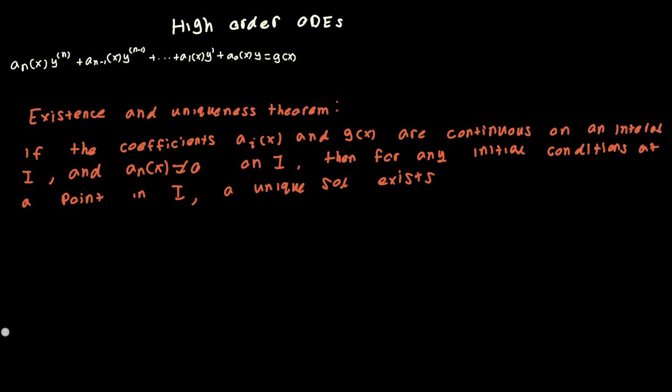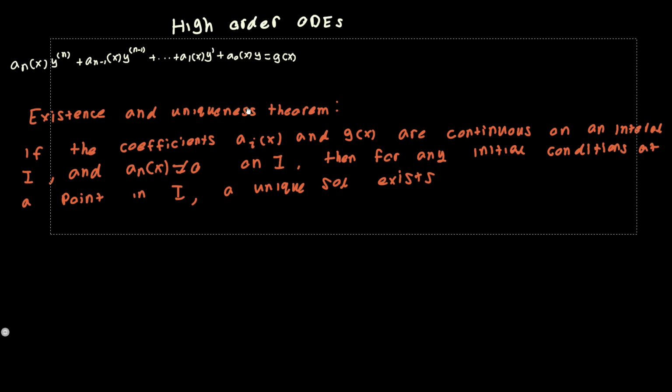This is a key fact and theorem that we have to understand because this tells us why linear ordinary differential equations are so well behaved. And this is a very big theorem that we're going to get into later.